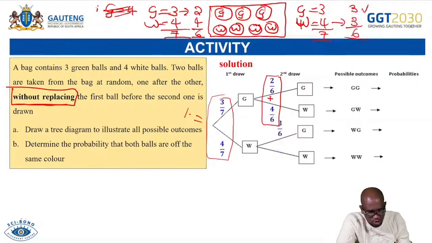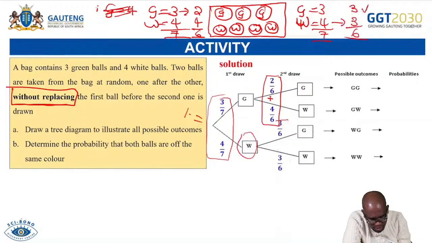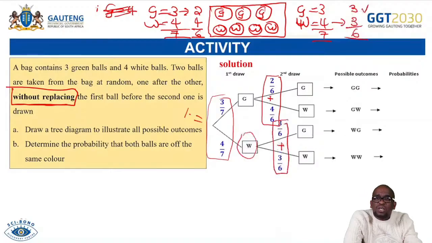The sample space is reduced by 1 because you did not replace. And for it to be white, it will still be 3 over 6, because on the first draw the ball was white and it was not replaced. So you are left with just 6. If you add these 2, you are still going to get 1.